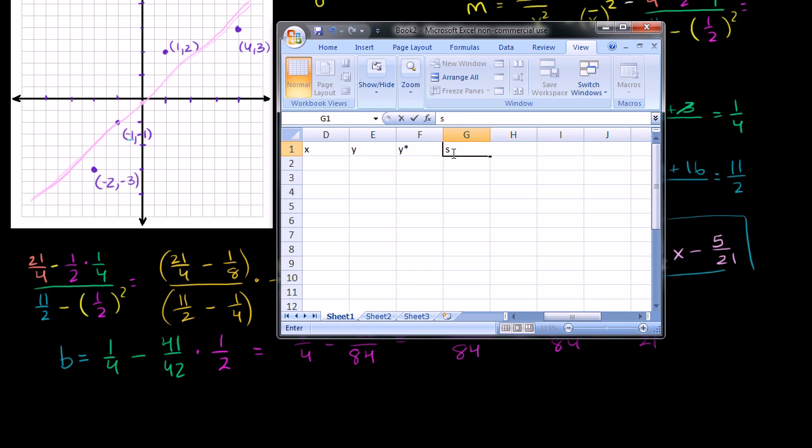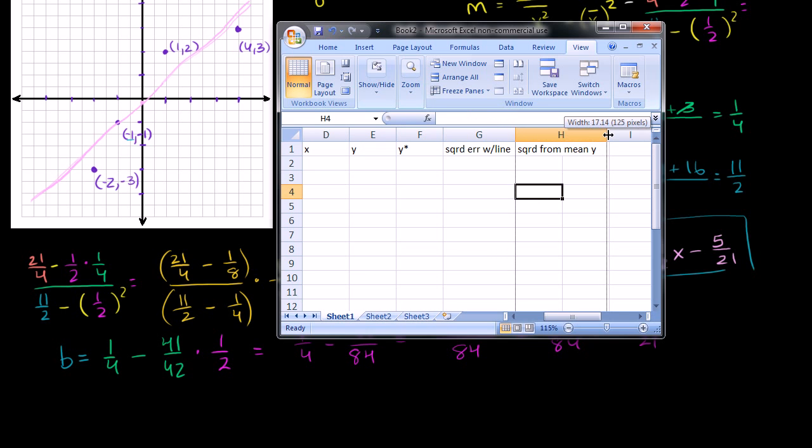And then the next one, I'm going to have the squared variation for that y value, the squared distance from the mean y. I think these columns by themselves will be enough for us to do everything.